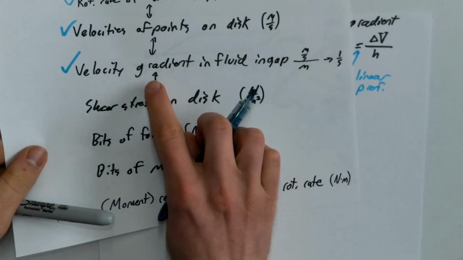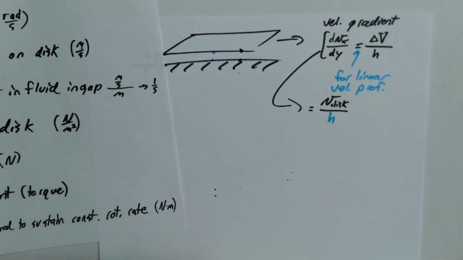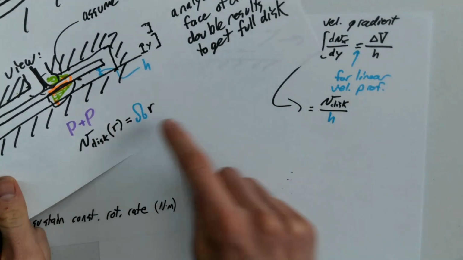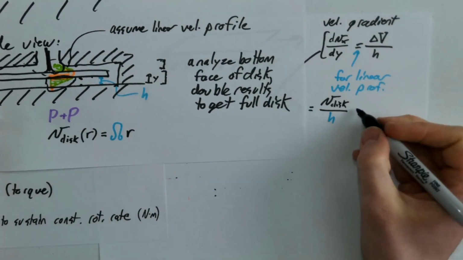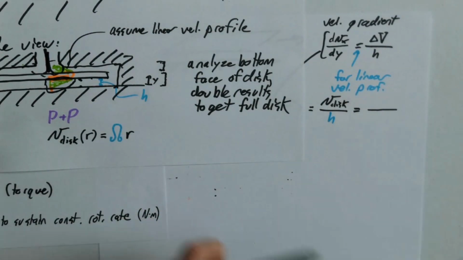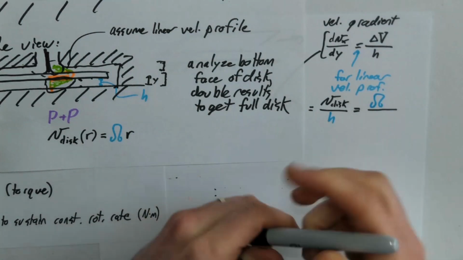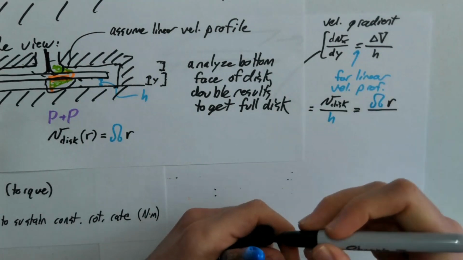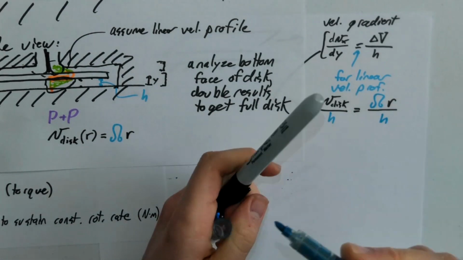We can sub in the velocity of the disk right here, and that's simply going to be capital omega times r, divided by the thickness h.